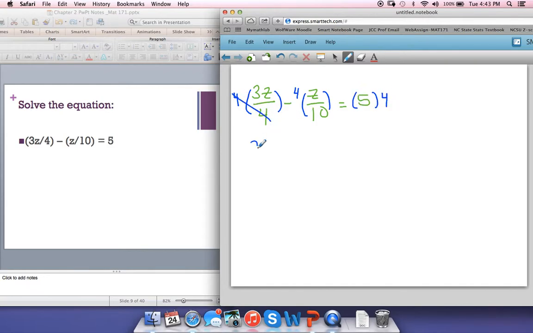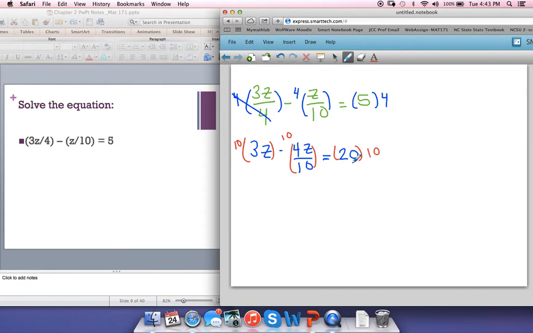They cancel out. And that leaves me with 3z minus 4z over 10. And 5 times 4 is 20. Now, the next fraction that I have is that 10. So I'm going to take each term, multiply that denominator out.